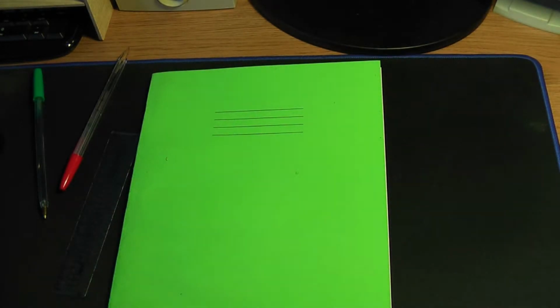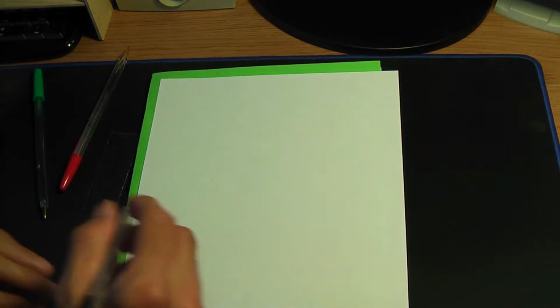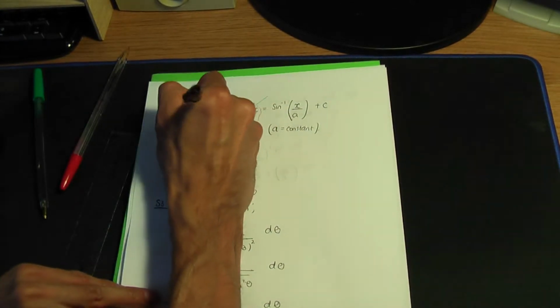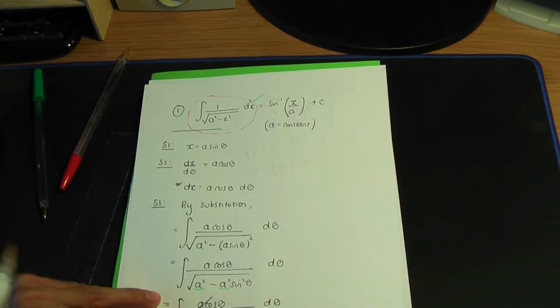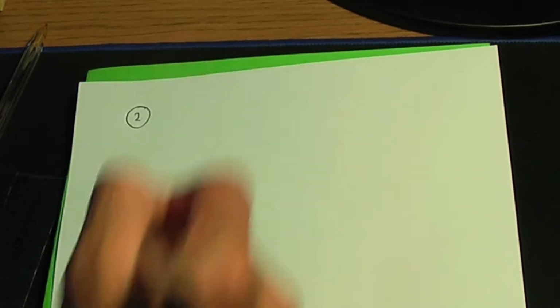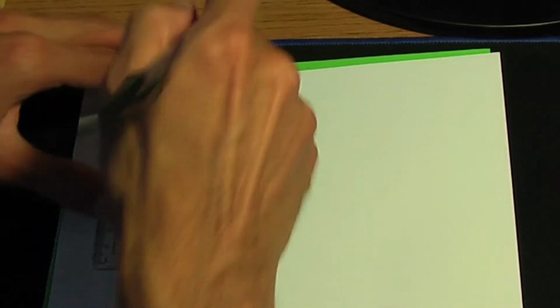So let me go through another result. So that was number 1, say. So we'll call that number 1. An inverse trigonometric related result. Here's another inverse trigonometric related result. So I'm going to call this number 2.